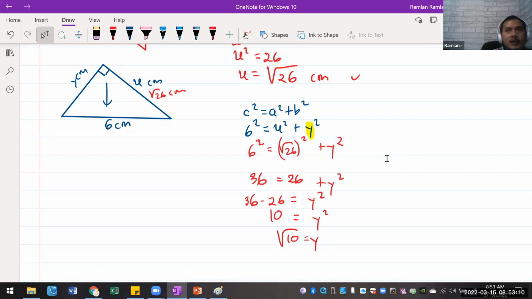Because if we're talking about geometry, shapes, you will mainly use this concept, c squared equals a squared plus b squared. You will use this a lot, I really mean it, a lot, and that's why you really need to understand the very basic concept: how to name the sides, how to use the formula, and also how to solve the algebraic equation that is made from c squared equals a squared plus b squared. Okay, any question, guys?